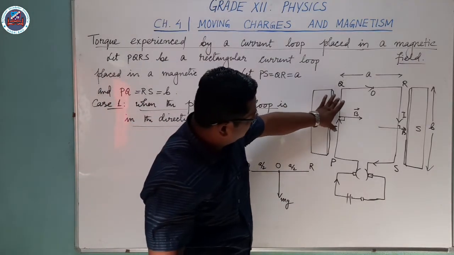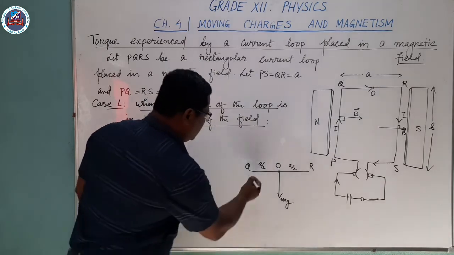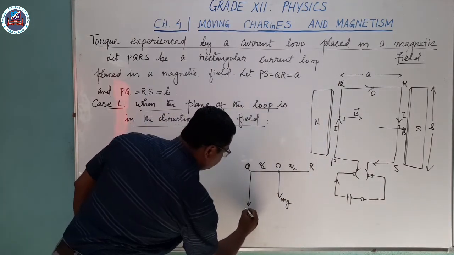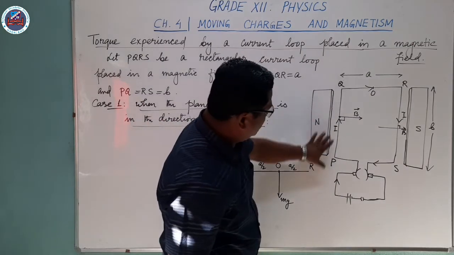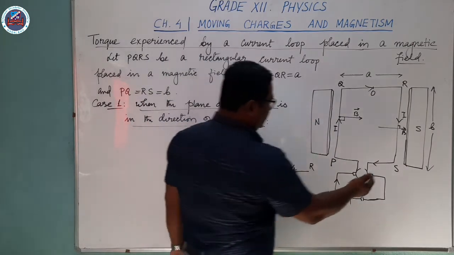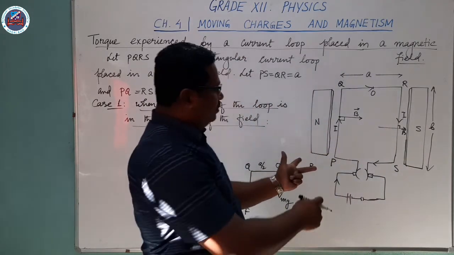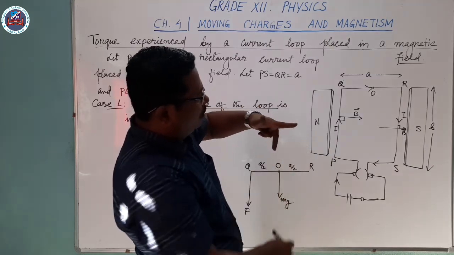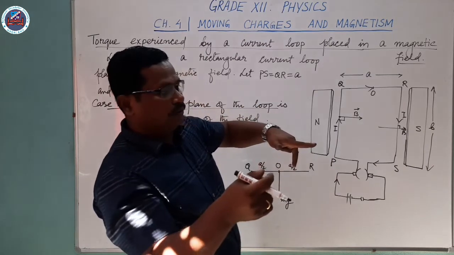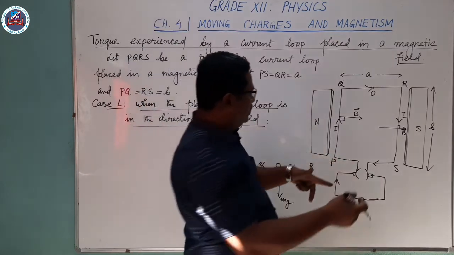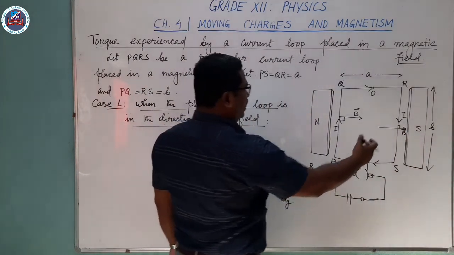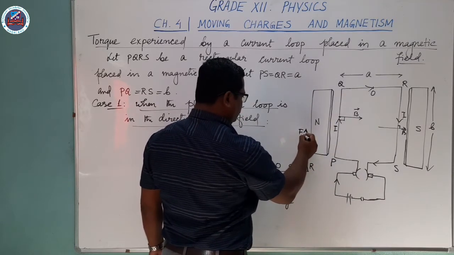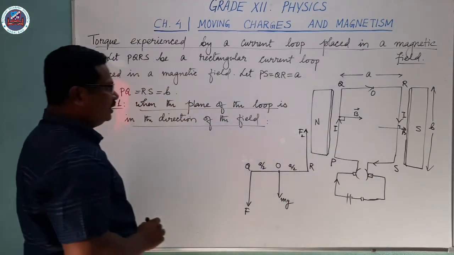The force experienced by PQ will be downwards, so at end Q I am drawing F1 downside. On the other side, magnetic field is in this direction, current is coming down, so RS will move in the forward direction, towards you, upward. I will draw this way, F2.